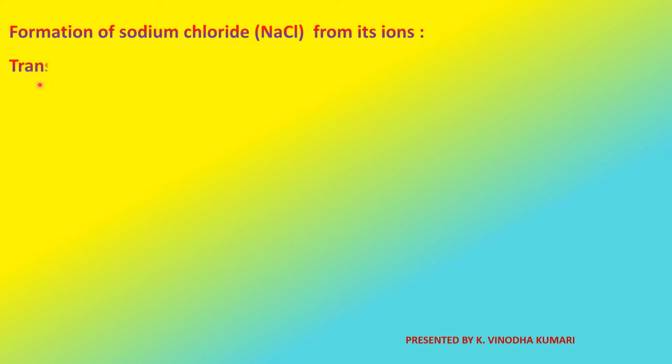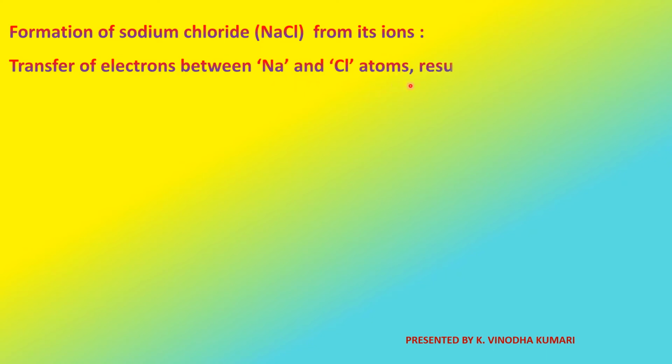Formation of sodium chloride from its ions. We have seen the transfer of electrons from sodium to chlorine. Whenever sodium loses 1 electron, it forms a cation, and the chlorine, after gaining the electron, forms an anion.